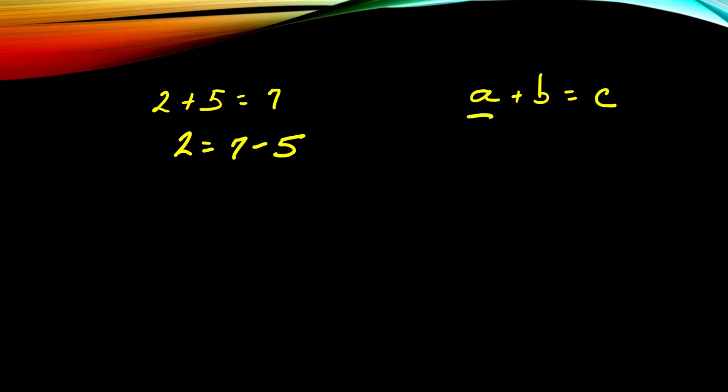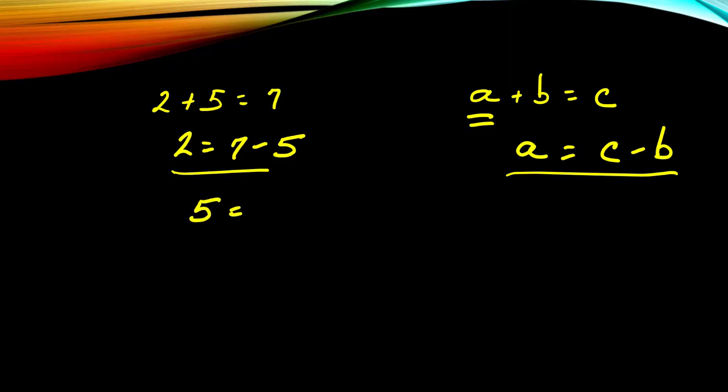We'll go ahead and lock down the A, and we can write A equals C minus B. That mirrors this expression with the numbers. And then once again, we can write 5 equals 7 subtract 2.